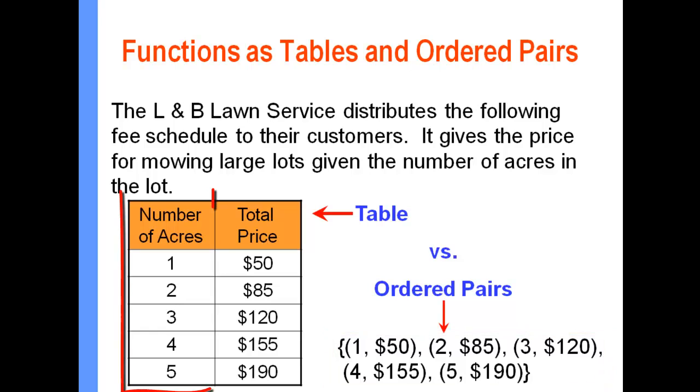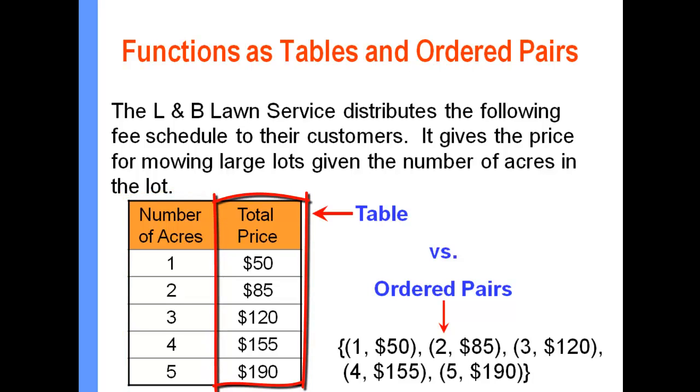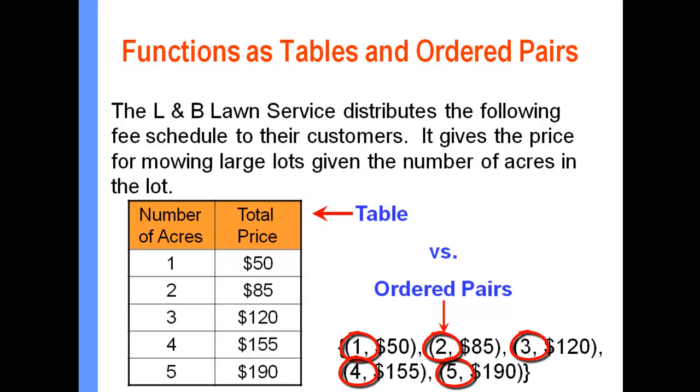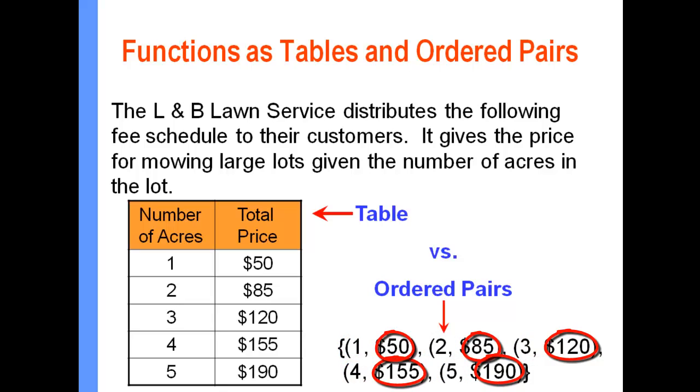Note that in the table, the input is the number of acres to be mowed, and the output is the price. And that's also represented in the ordered pair. The input is the X value, the number of acres, and the output is the Y value, the price that it takes to mow that number of acres.